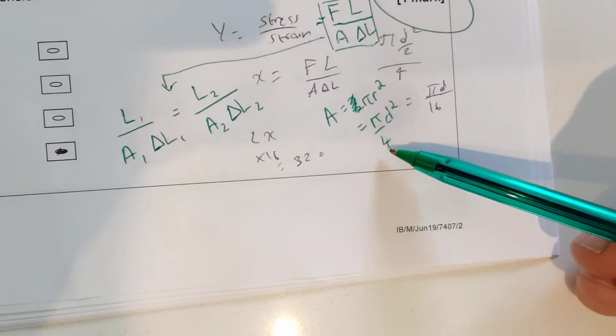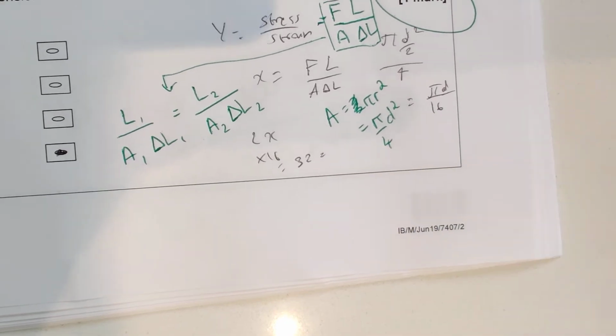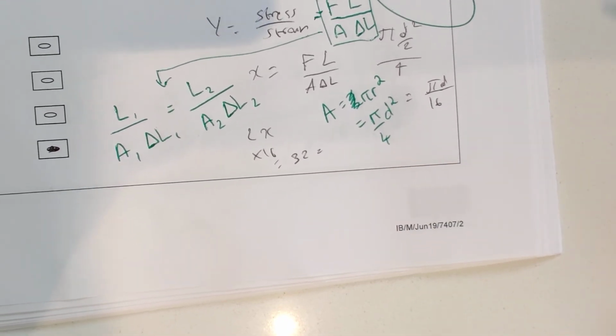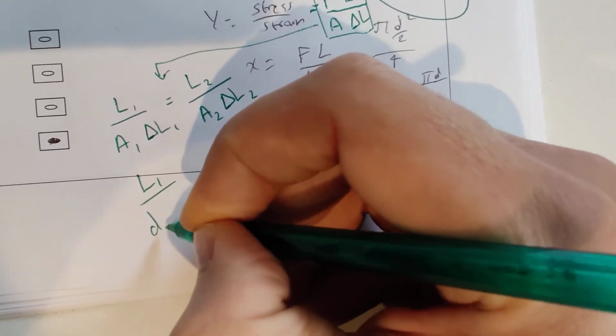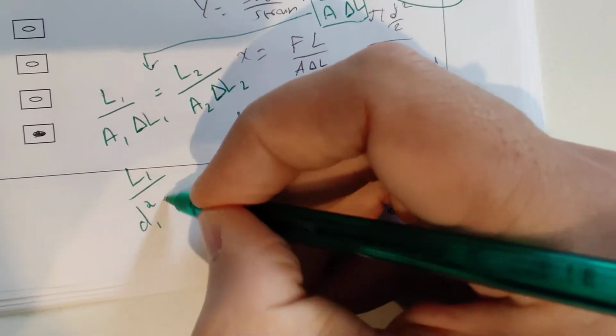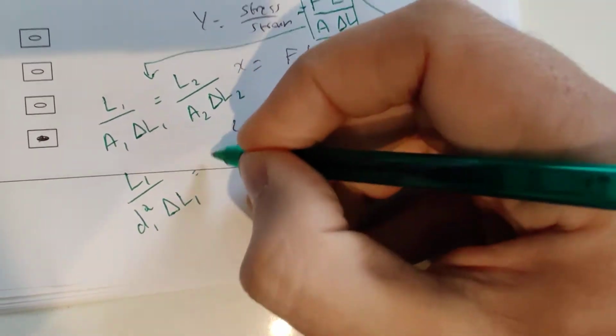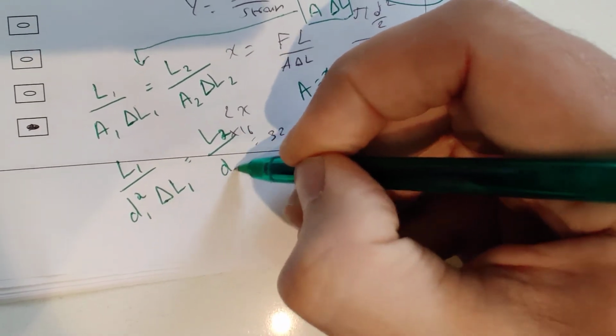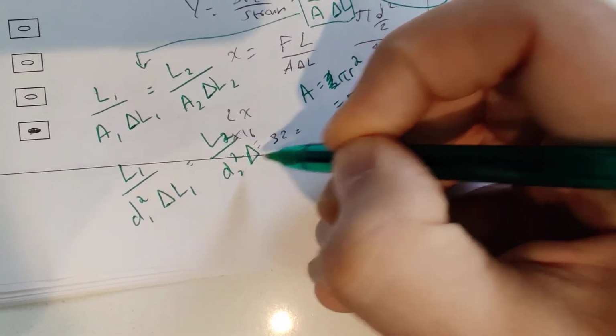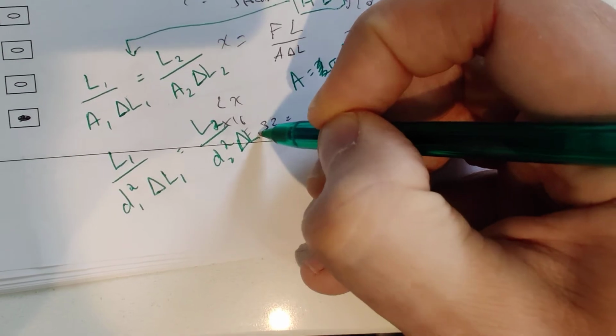Well, actually, the pi over 4 is going to cancel on both sides. So we can absolutely substitute in instead L1 over d1 squared times extension 1 equals L2 over d2 squared times extension 2.